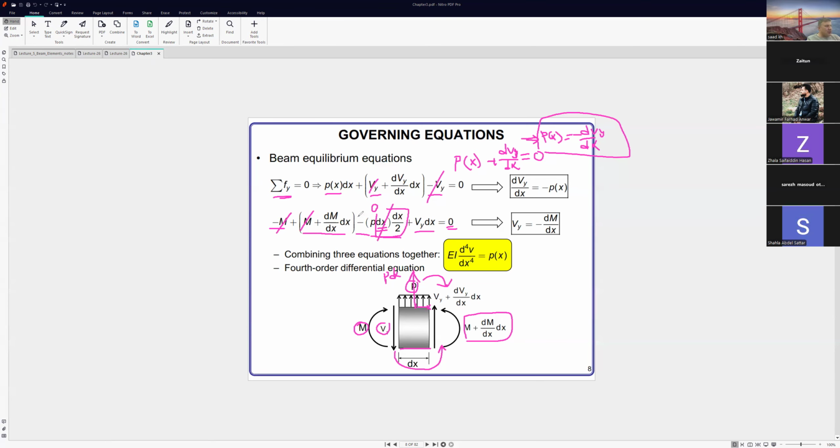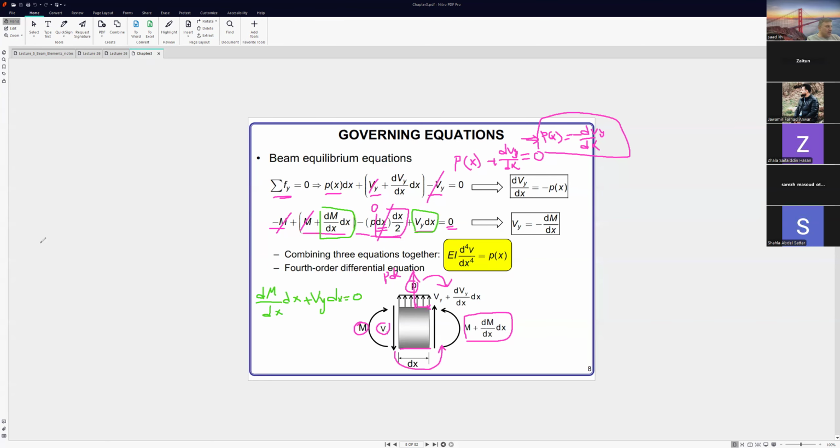This is the 0. What will be remaining? What term will be remaining? This one, it is dM over dx, and also we have V of y dx. So it will be dM over dx plus V of y dx is equal to 0.